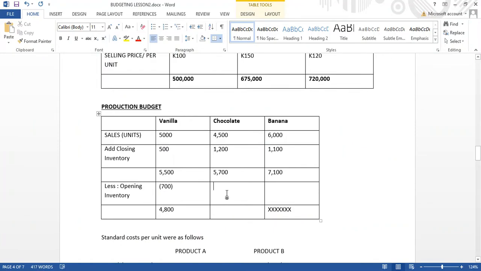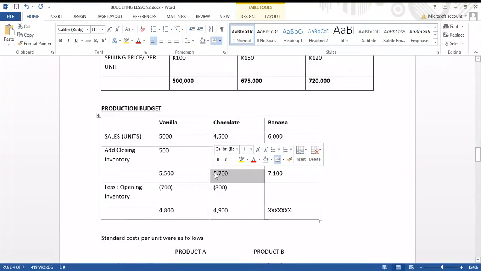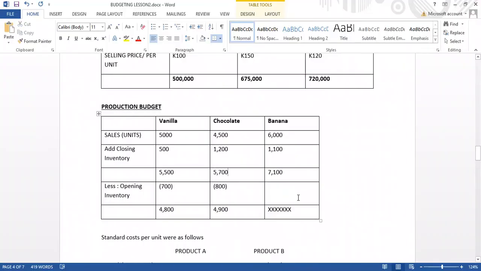Then we come to chocolate here. 5,700 minus 800, we're going to get 4,900 units. So we need to produce 4,900 units of the chocolate ice cream. And then we'll have already 800 units as our opening inventory, so in total we'll have our 5,700 units.